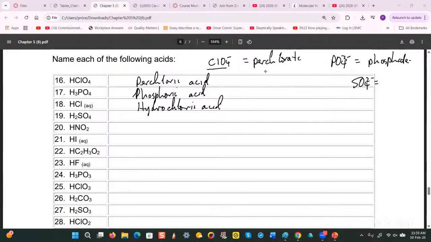My apologies. Sulfate with an F, that's the American way. The British way is PH. Okay, so what's the name of the acid? Sulfuric acid.